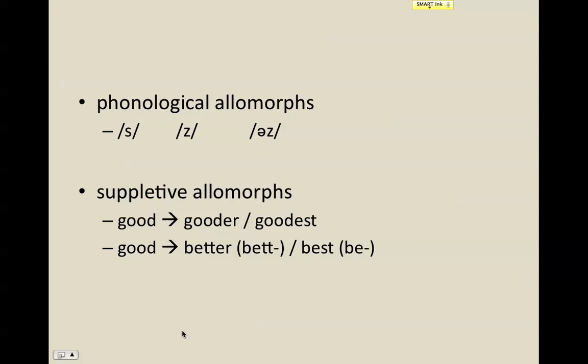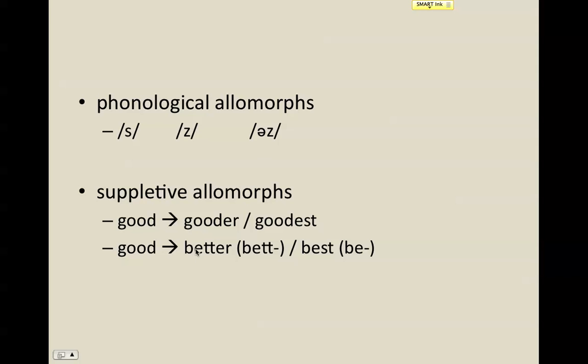I also want to mention a little bit the suppletive allomorphs. So these are common. It's showing that they're irregular, pretty much. So, for example, good, you can't say gooder. So you can't add the er morpheme or the est morpheme to good. You have to use the suppletive allomorph.